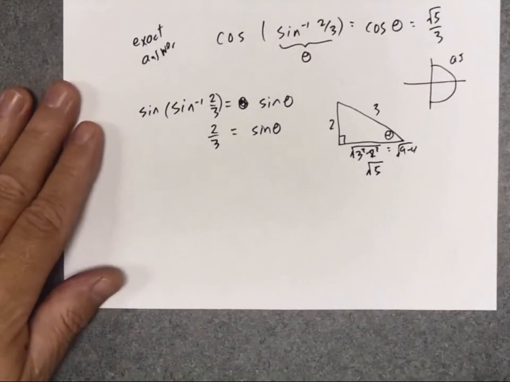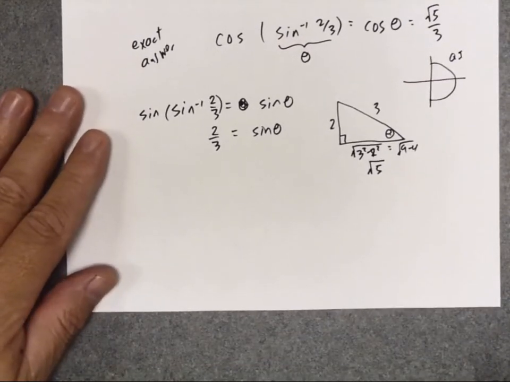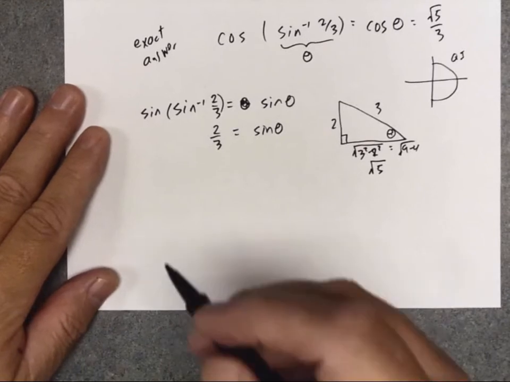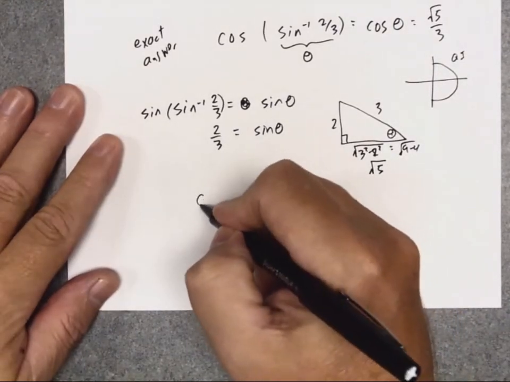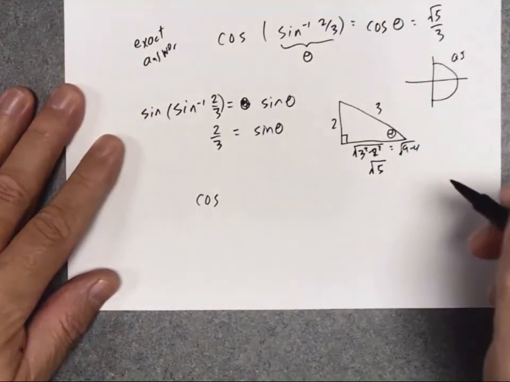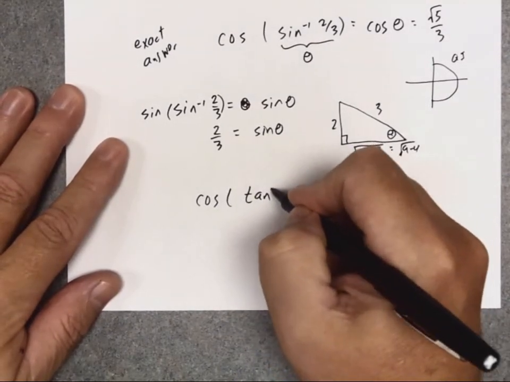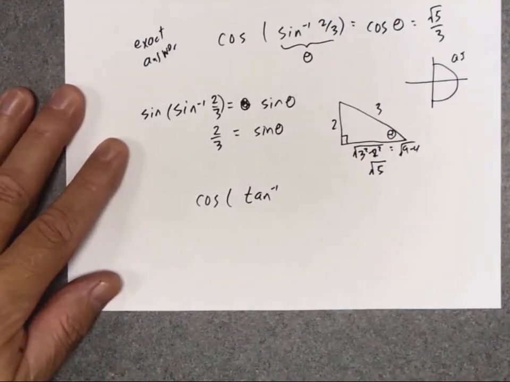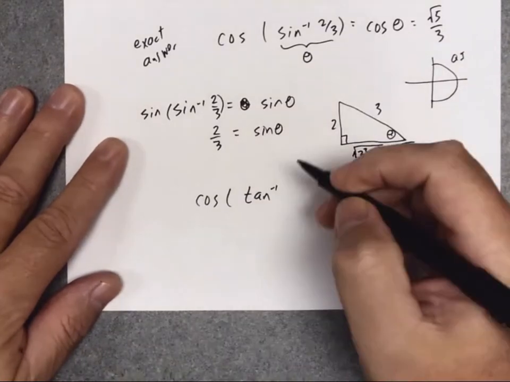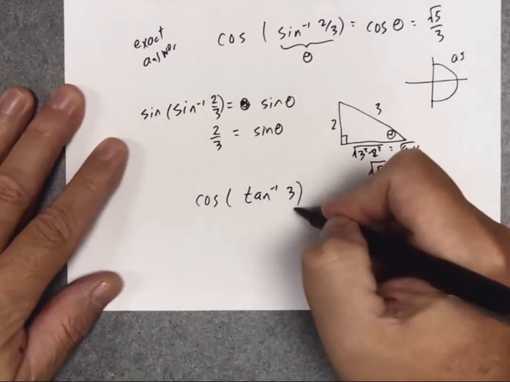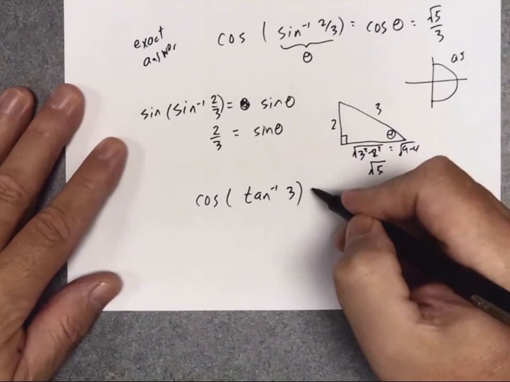Let's do one more problem like this. How about the cosine of the inverse tangent of 3?